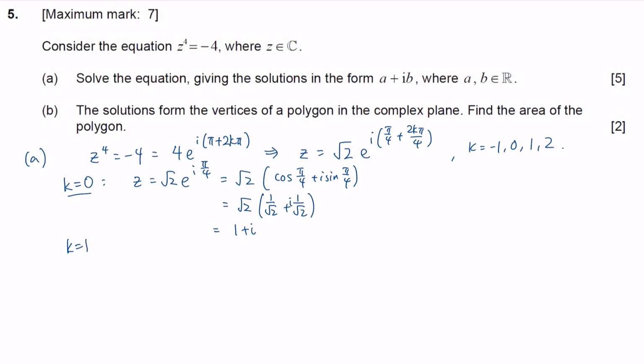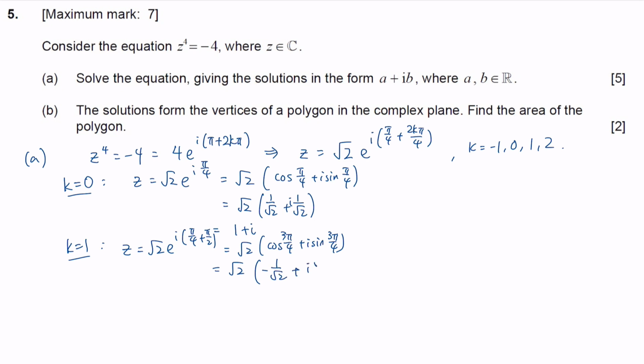When k equals 1, what happens? Z is root 2 times e to the power of i, pi over 4 plus pi over 2, which is root 2 times cosine 3 pi over 4 plus i sine 3 pi over 4. Now cosine 3 pi over 4 is minus 1 over root 2.